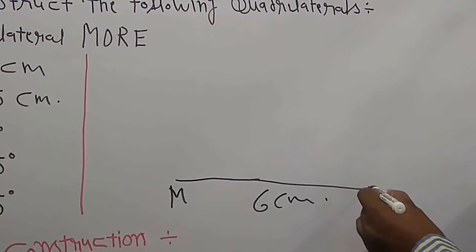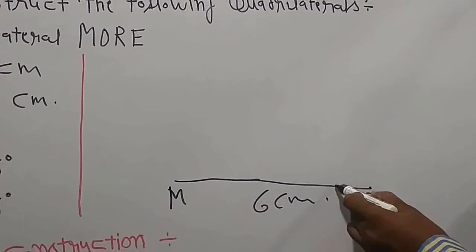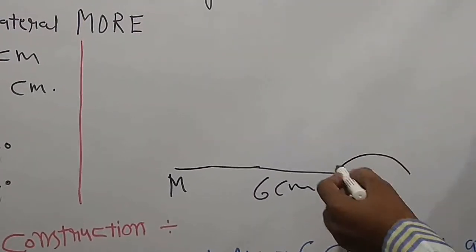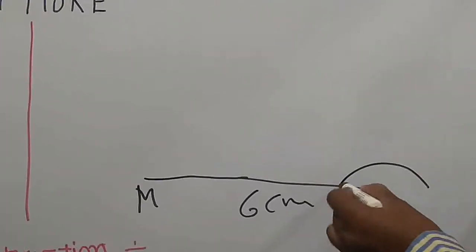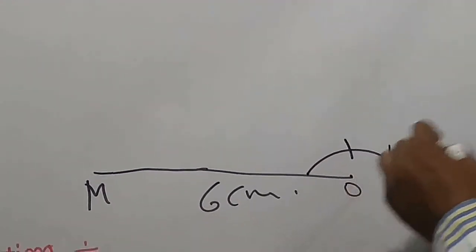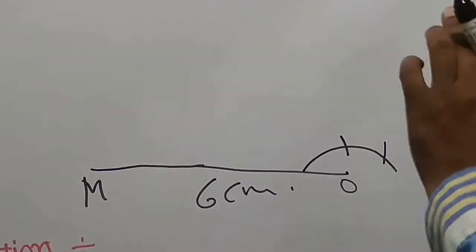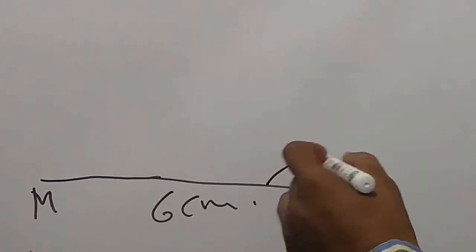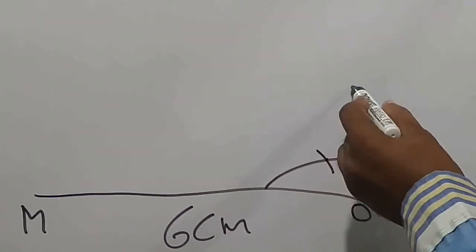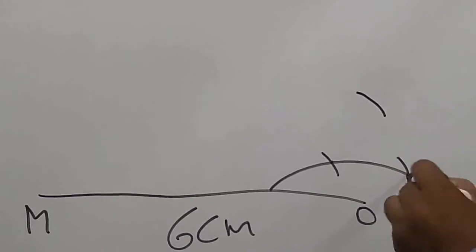First we put the metallic point here and draw one arc like this with the help of rounder. Then we put our metallic point on this point and draw the first arc without changing the distance, and then the second arc. Like this we draw the two different arcs. Then we put our metallic point on this intersecting point and draw one more arc, and one arc from this point.